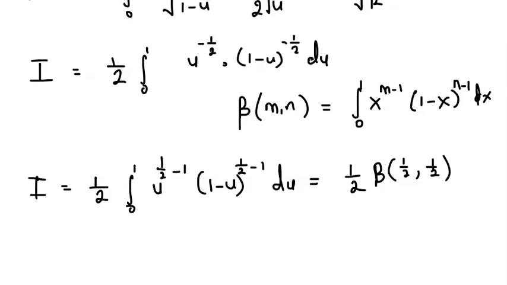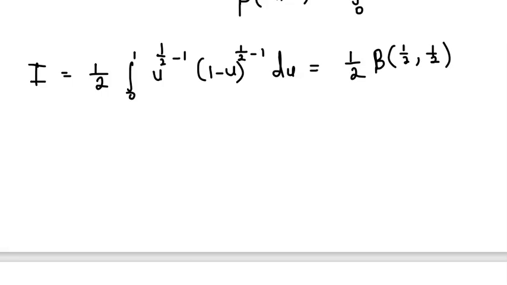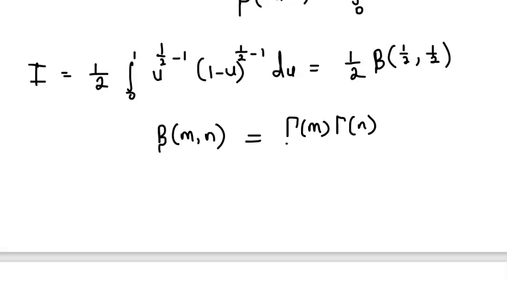Now how can we evaluate this properly? Now we're going to use the relationship between the gamma function and the beta function. Okay, so we have this relationship that the beta of m, n is equal to the gamma of m multiplied by the gamma of n divided by the gamma of m plus n.